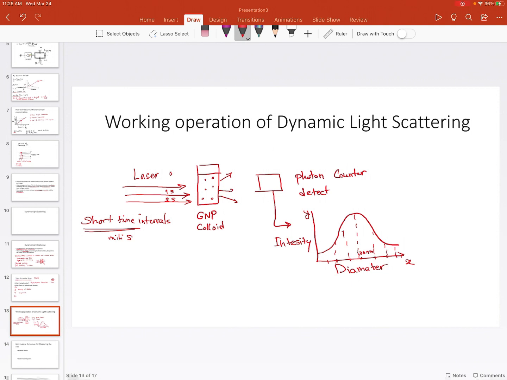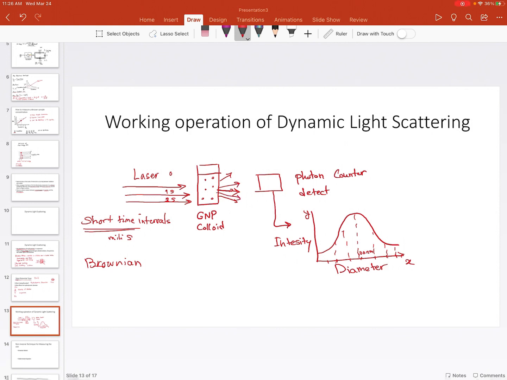Now we know that the scattering intensity at a specific angle will fluctuate with time, and this is because the particles are in constant motion. This is the Brownian motion. As I mentioned, at time 0 we have a specific scattering intensity.